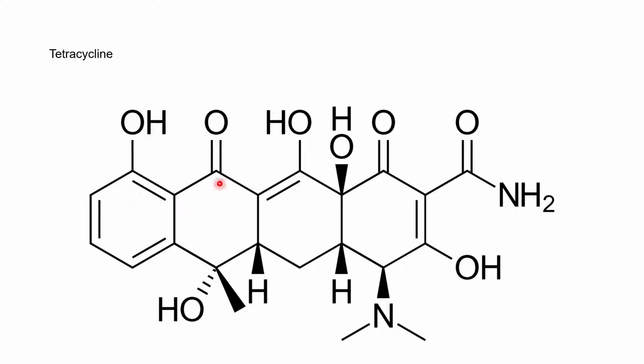They have 4 cycles fused together, and this is the formula for tetracycline. They also have many hydroxy groups that make the molecule charged, and also an amide group at the end. This chemical structure is actually pretty unique. Usually we don't have 4 rings fused.